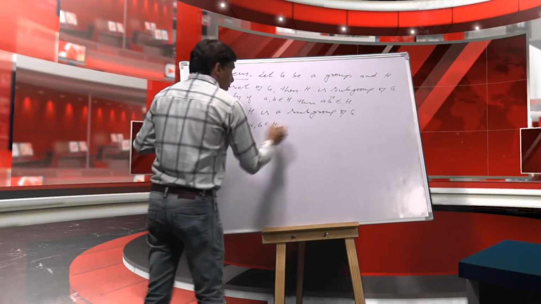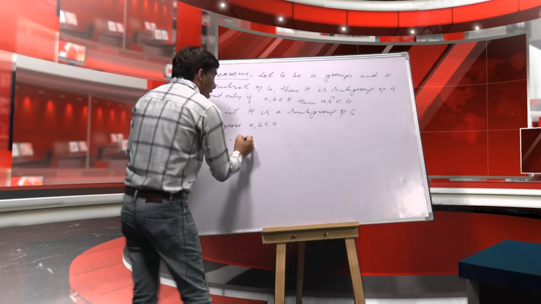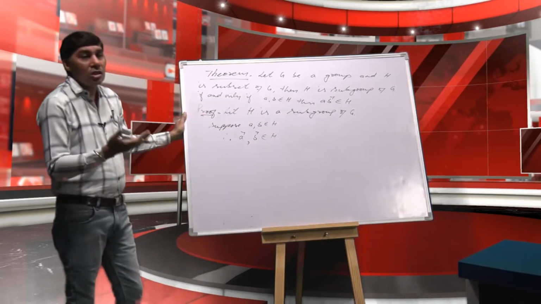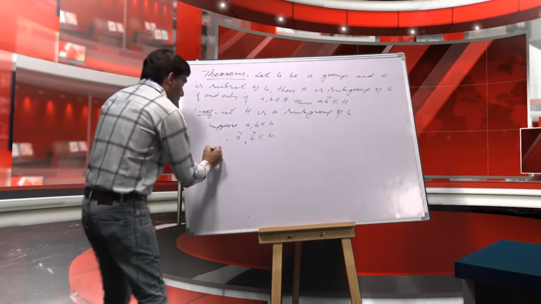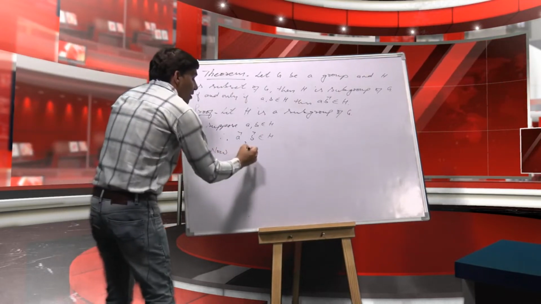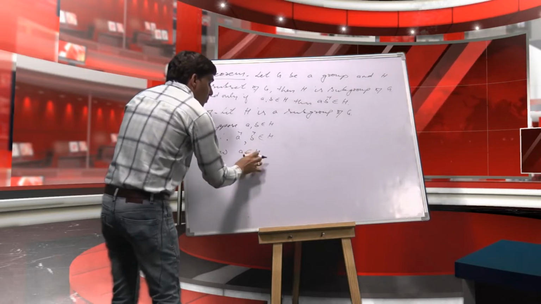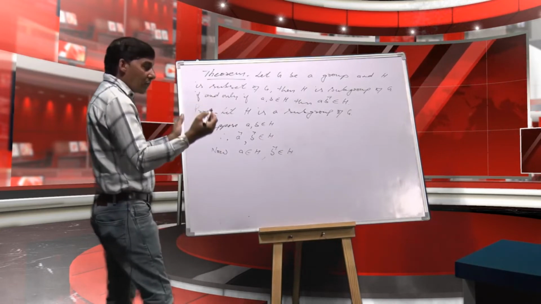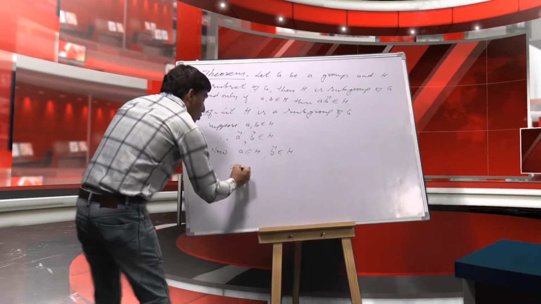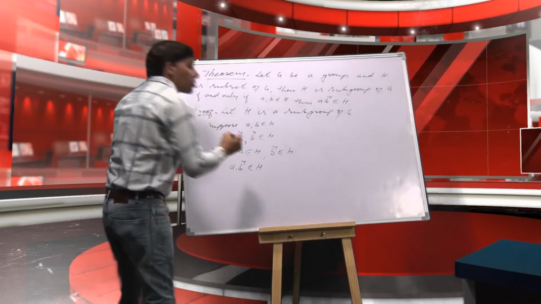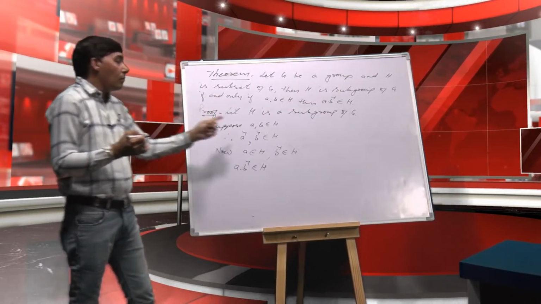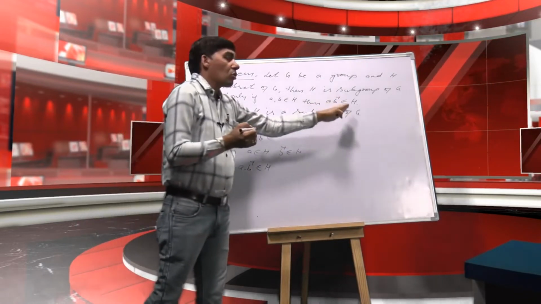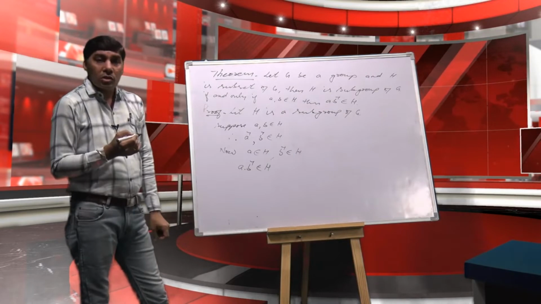Therefore b inverse also belongs to H by the inverse property. Now a belongs to H and b inverse belongs to H, so by closure property their product a into b inverse also belongs to H. So if H is a subgroup of G, then a b inverse belongs to H.